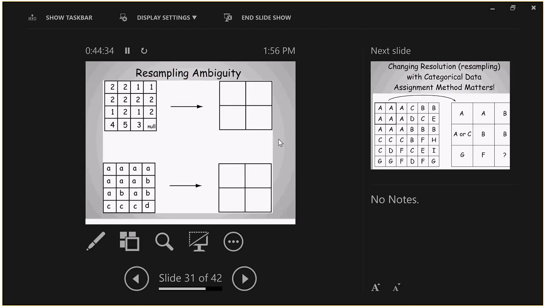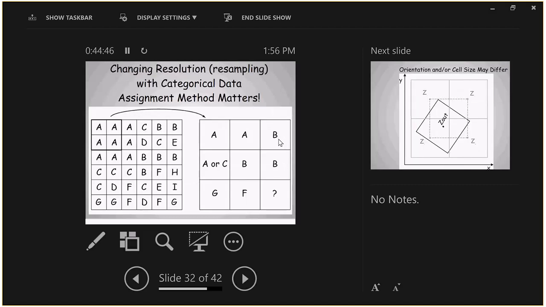When we try to resample our data, sometimes we'll get ambiguity. Resampling means changing cell size. So here's a good example of that. Here we could say, we're going to change the cell size to a larger cell size.